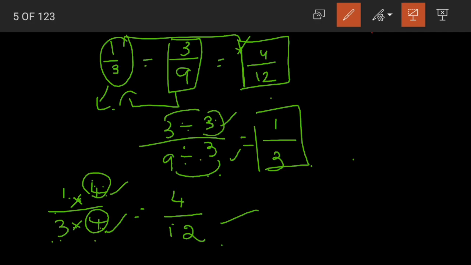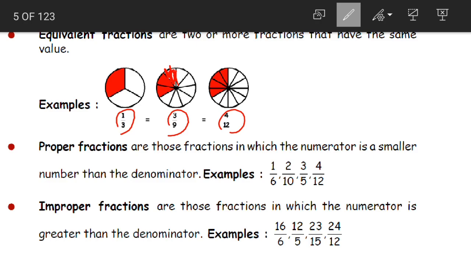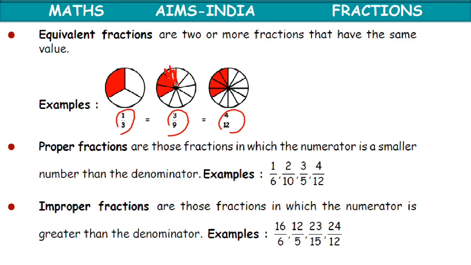Here also we are dividing by 3. Both 3 and 9 numerator and denominator are divided by the same number. I cannot divide in numerator and then multiply in the denominator. Okay, both should be either divided or else they should be multiplied. And the important point is it should be done with the same number in both numerator and denominator.